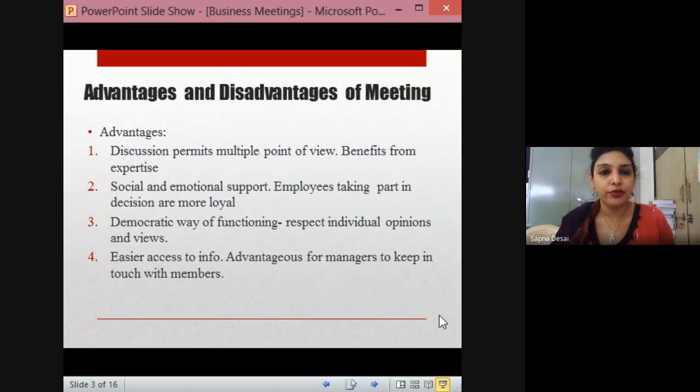It motivates a democratic way of functioning, where individual opinions and views are respected.